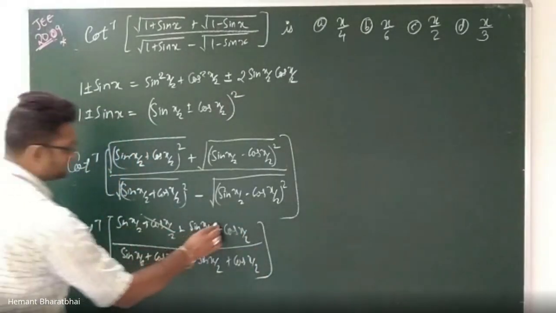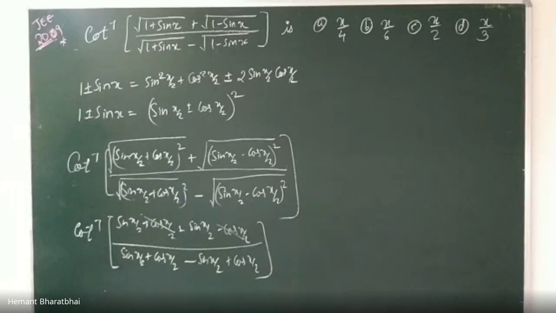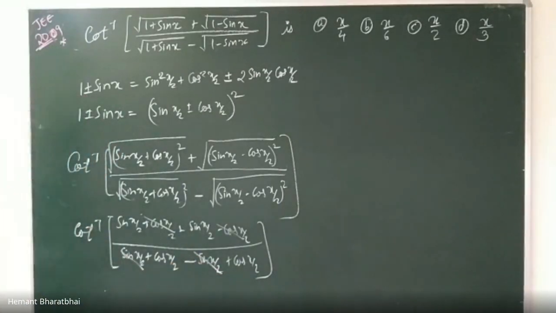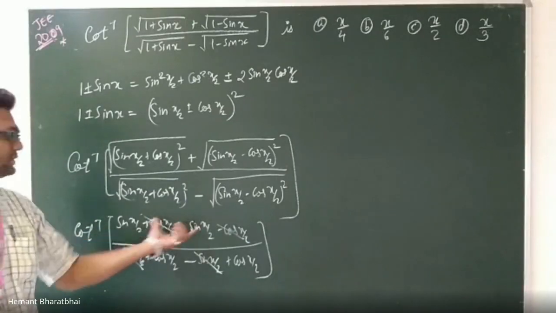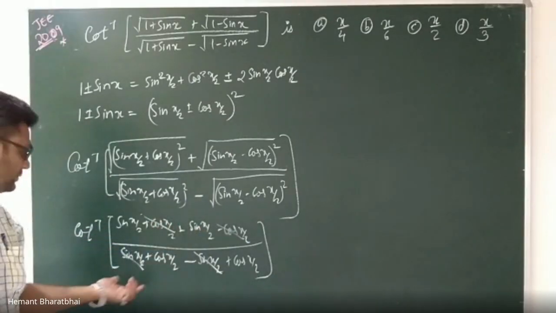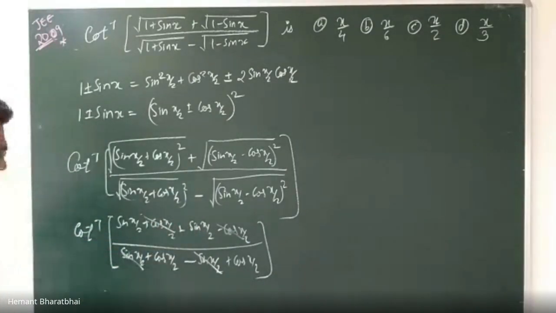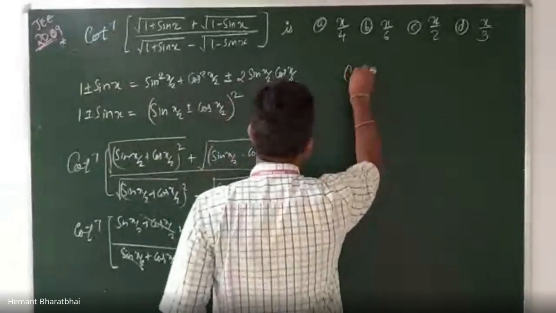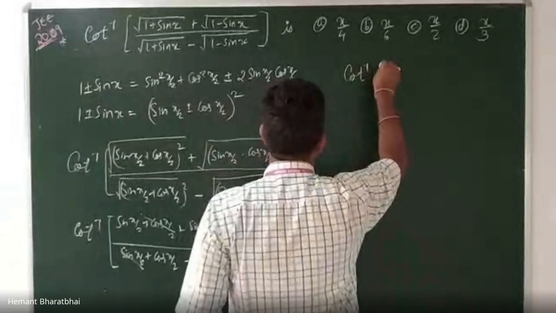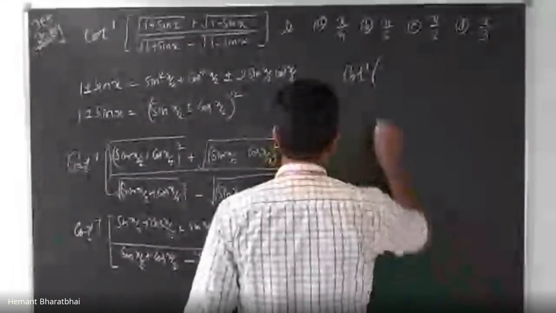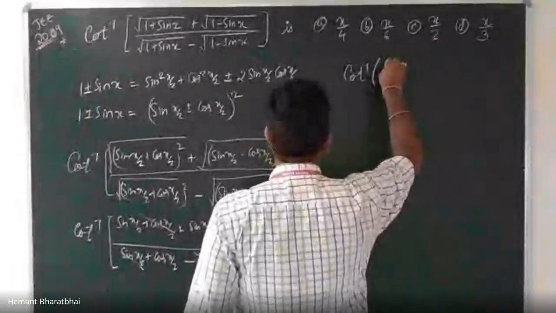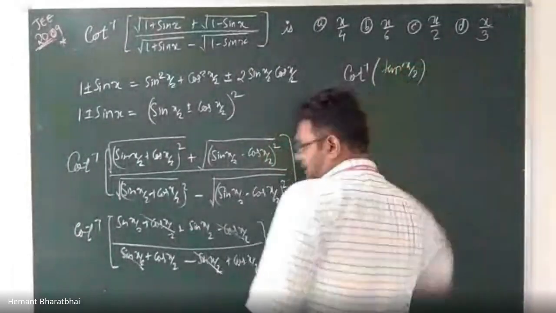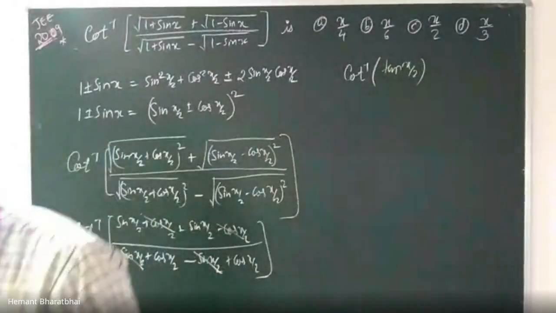So here cos and cos get cancelled out, and there sin and sin get cancelled out. So 2 sin x by 2 in the numerator, 2 cos x by 2 in the denominator, and 2 and 2 also get cancelled. So I will get cot inverse of tan of x by 2.